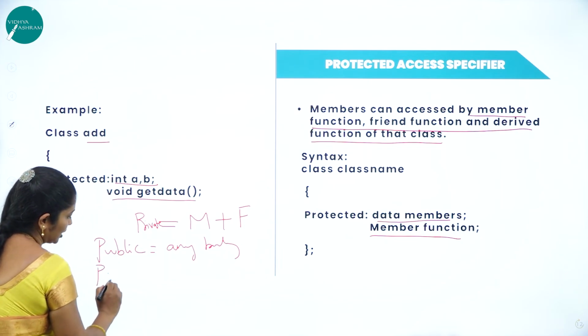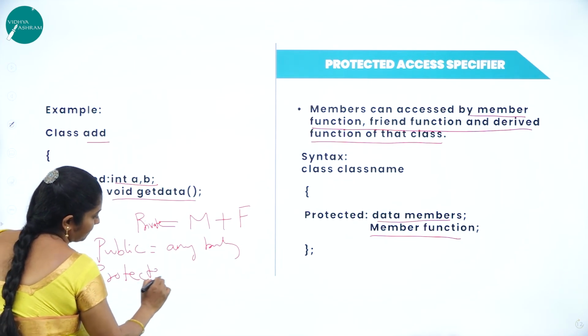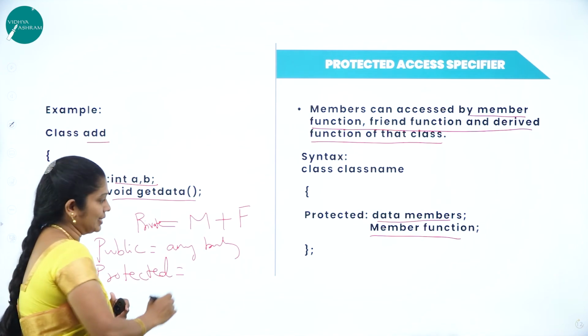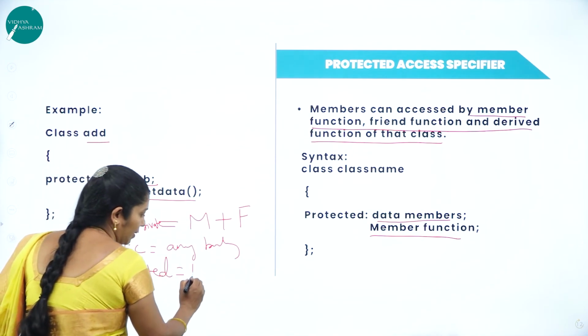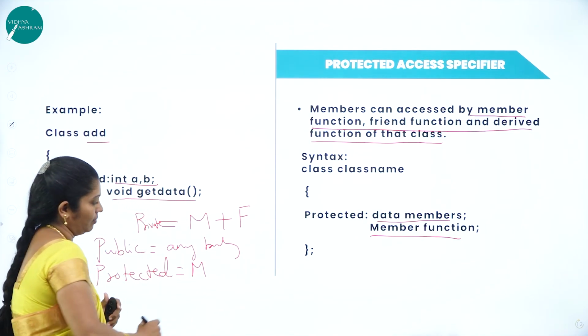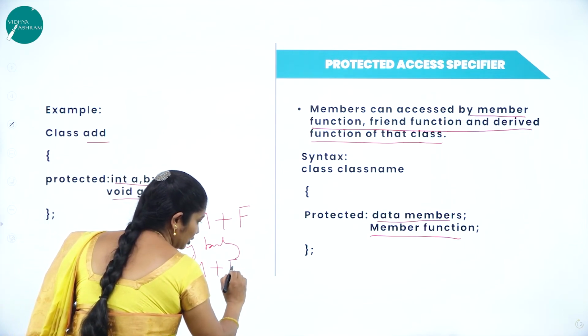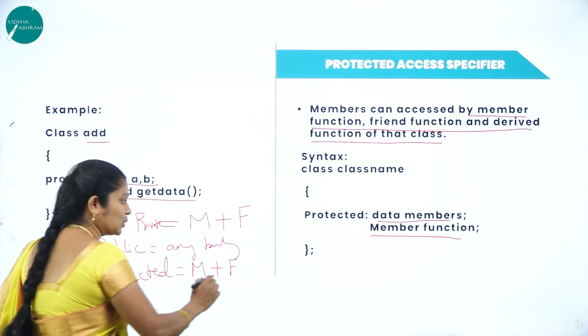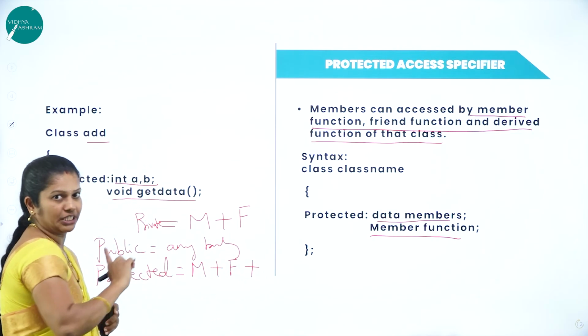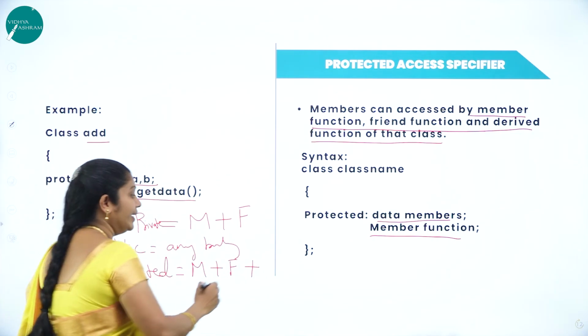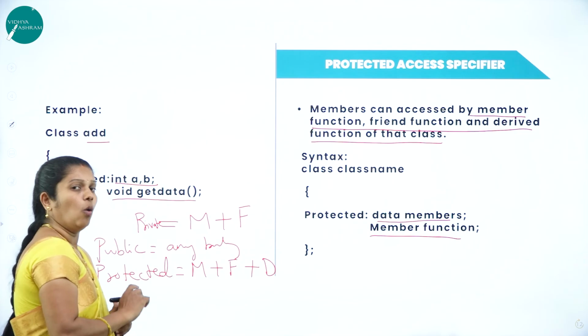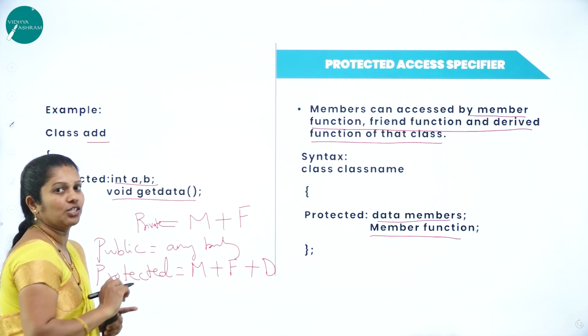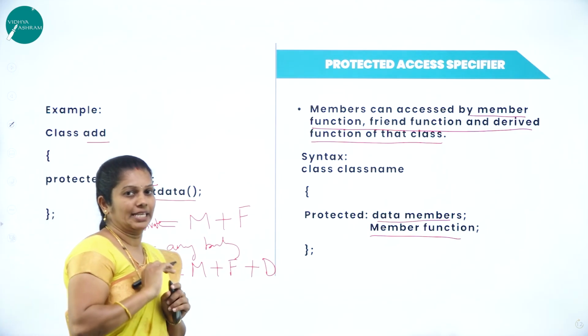If I declare it as protected, then who can access? Family members. That is, member function can access, as well as friend function can access, and with that one more function can access here, that is the derived function. What do you mean by derived functions of that class? I'm going to give an example.